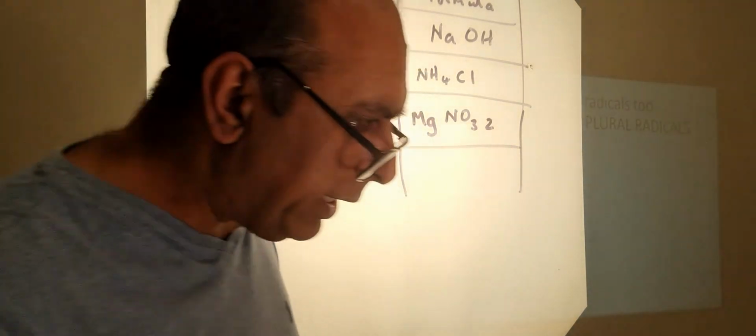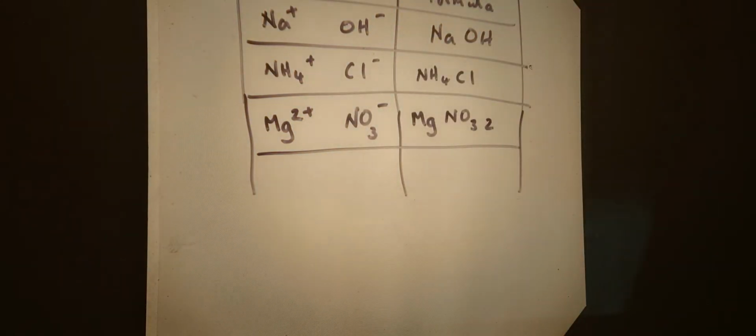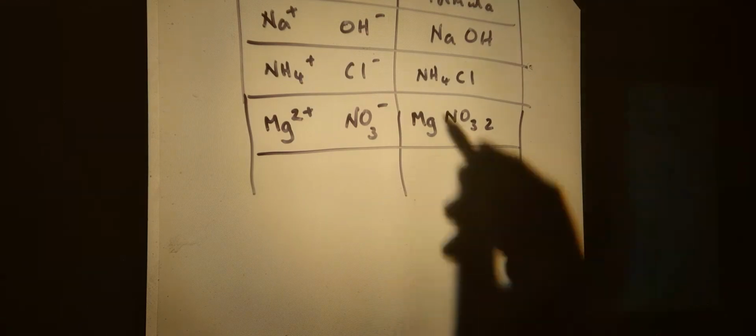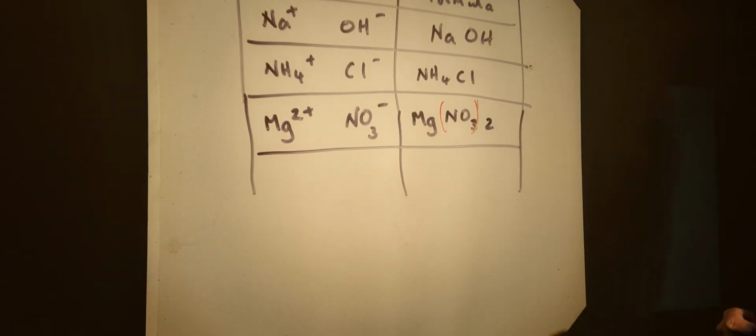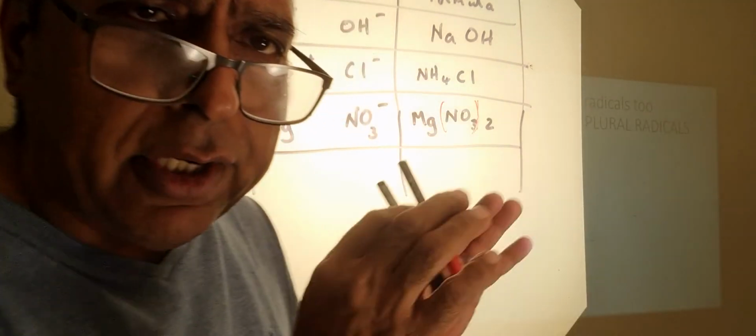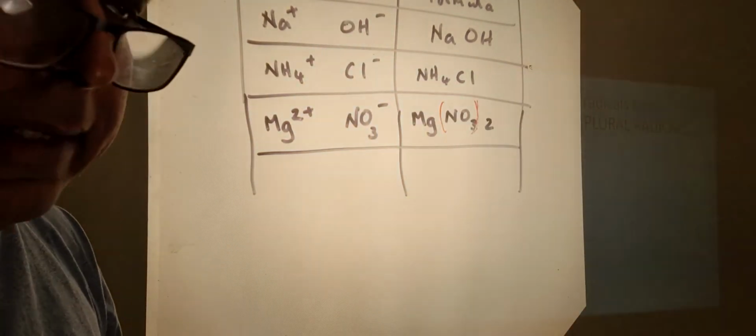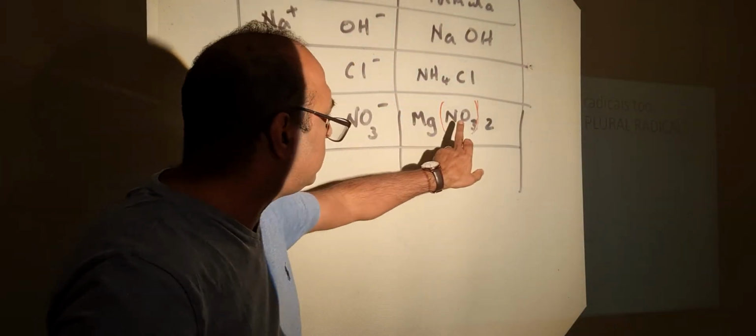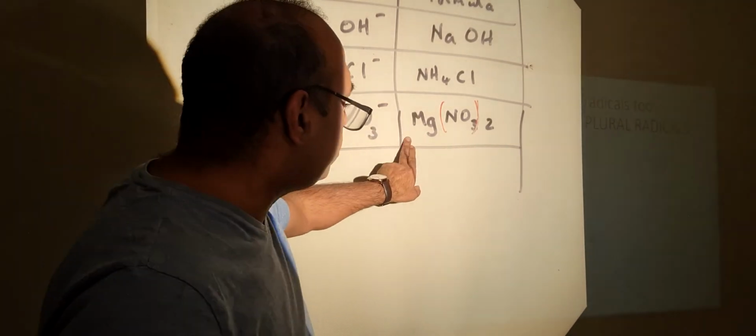I'm going to put the brackets in. Let's just get a different colour pen. What about putting the brackets in there? I want to put the nitrate inside the bracket. So the nitrate is inside the bracket, so that now it reads MgNO3 twice. And that's correct.